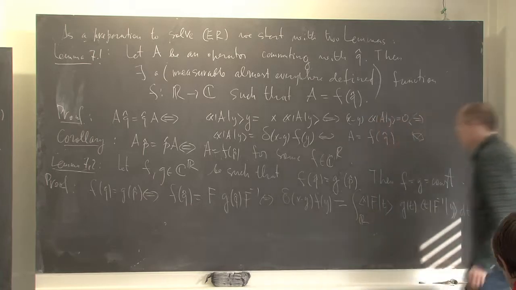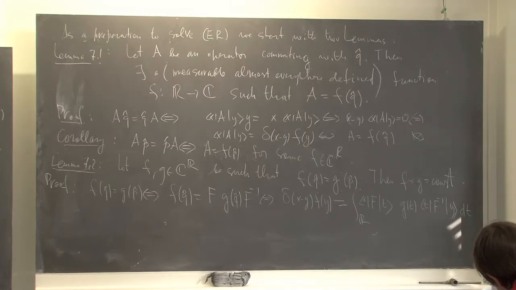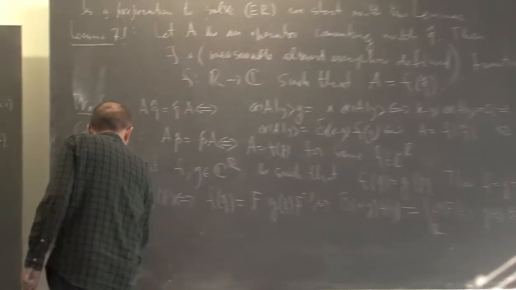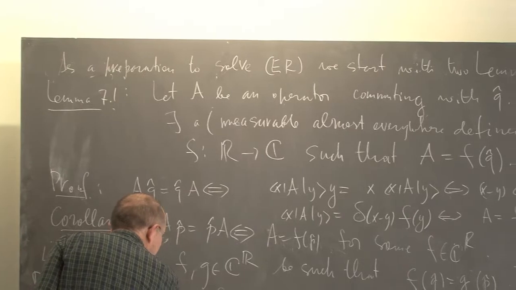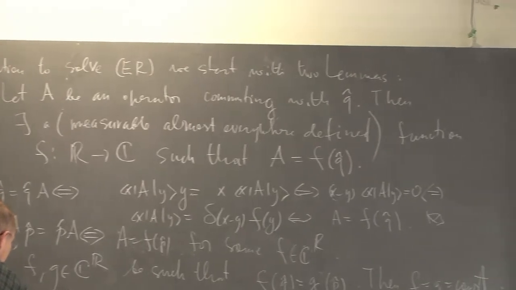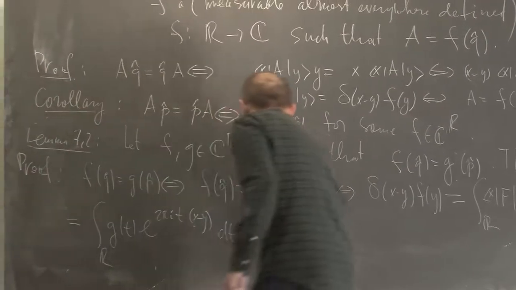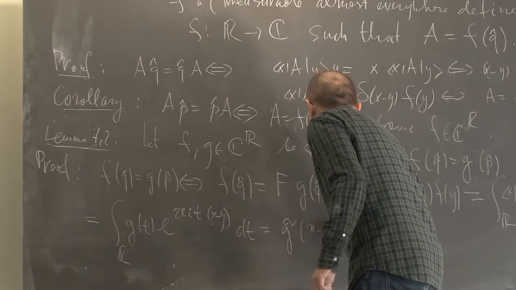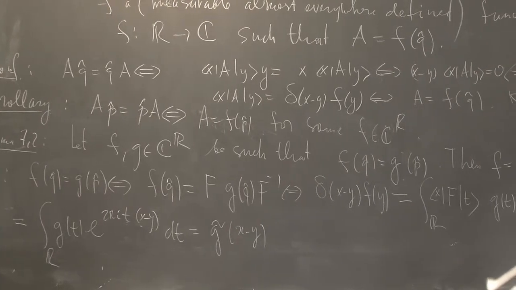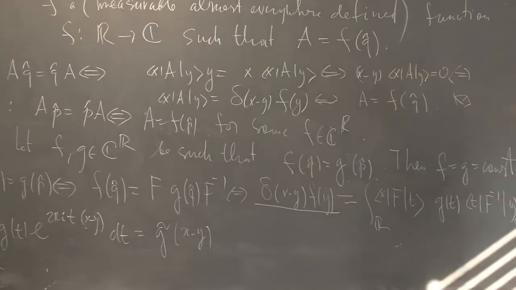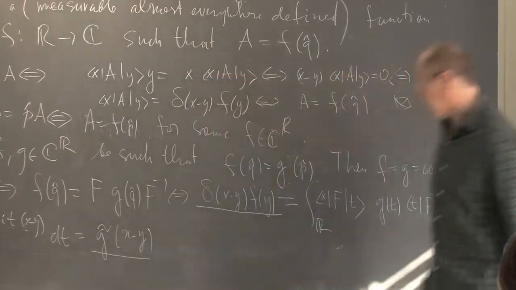I use the multiplication of the operators by inserting the decomposition of unity in the middle, and this is equal to the integral of g of t e to the 2 pi i t (x minus y) dt, and so this is g tilde of x minus y, where g tilde is the Fourier transform of the function g. So what we have, delta function of x minus y times f of y is equal g tilde of x minus y.